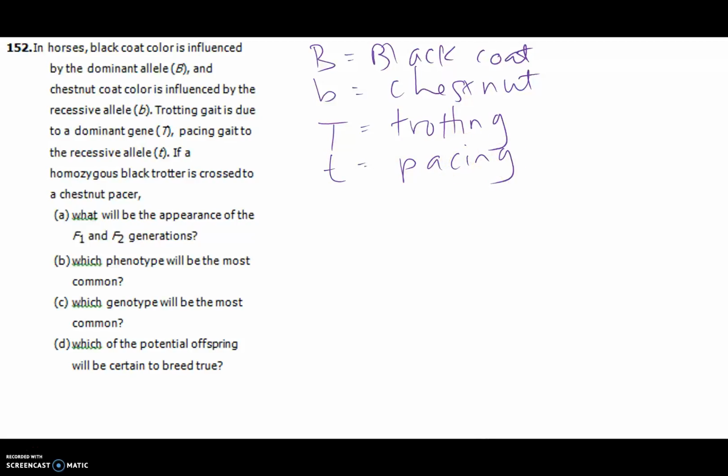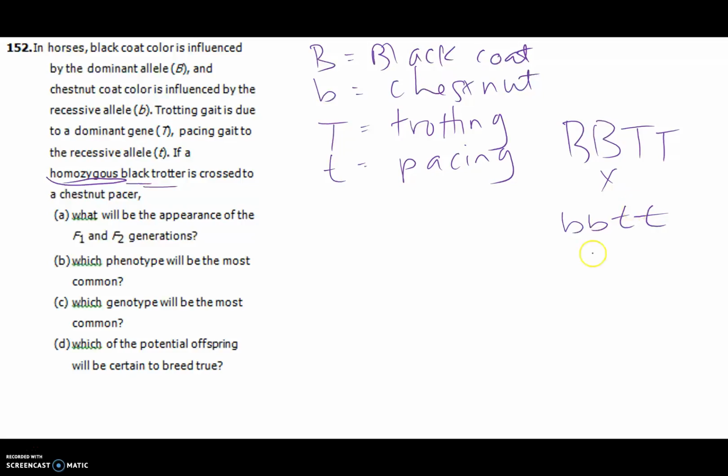Okay, if a homozygous black trotter, and because it said homozygous in front of these two traits, we're going to assume that they're homozygous for both, is crossed to a chestnut pacer, what will the appearance be of the F1 and F2 generations?